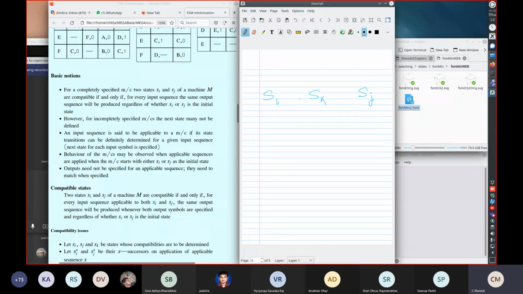So SI and SJ may not be compatible, but it is possible that SI and SK are compatible and SK and SJ are compatible. So this sort of a situation is possible in case of an incompletely specified machine.